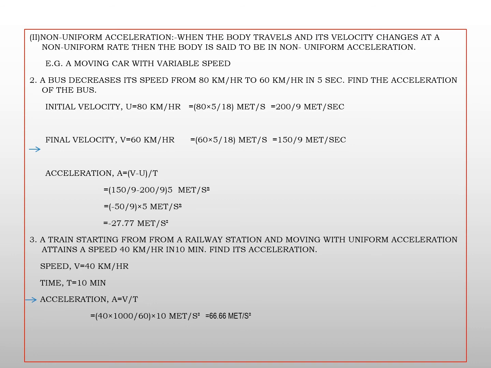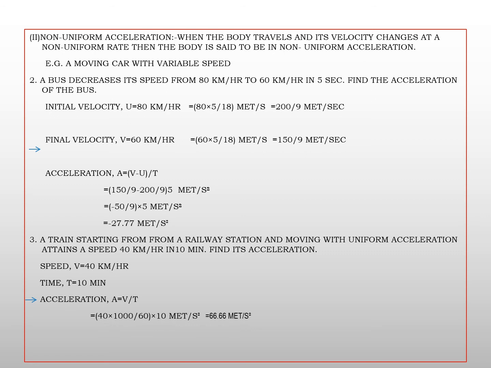Now, question number second. A bus decreases its speed from 80 km per hour to 60 km per hour in 5 seconds. Find the acceleration of the bus. Initial velocity u is 80 km per hour, and we convert it into meter per second. As we know, we use 5 by 18 to convert kilometer per hour into meter per second.